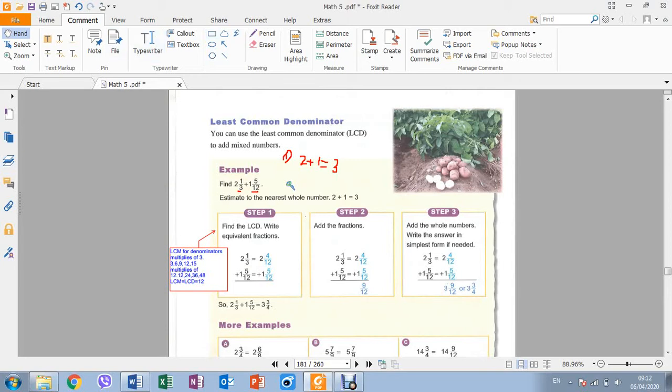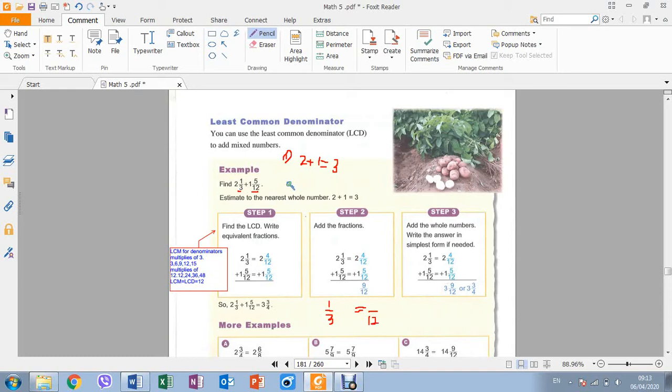Now what do we need to do? We need to look at 1/3 because our LCM is 12. We need to change this denominator to 12.